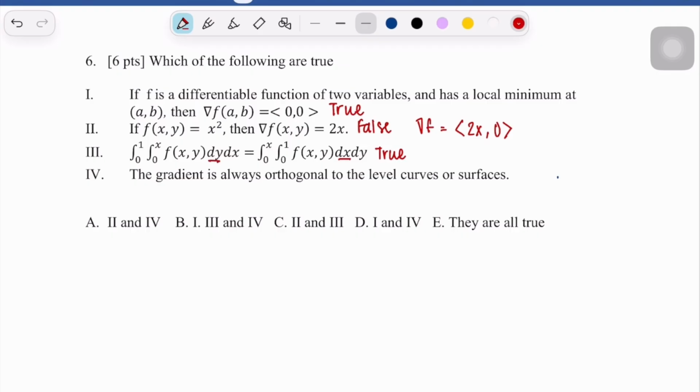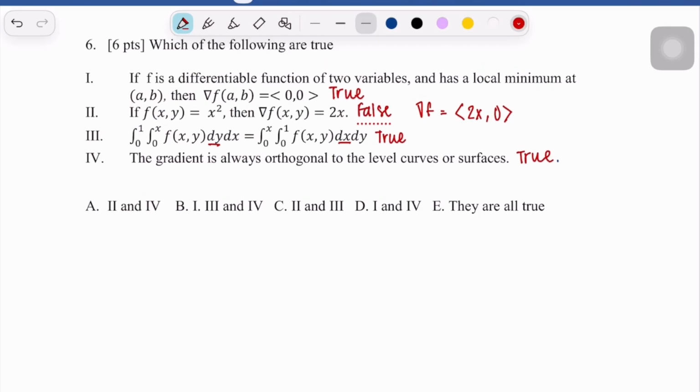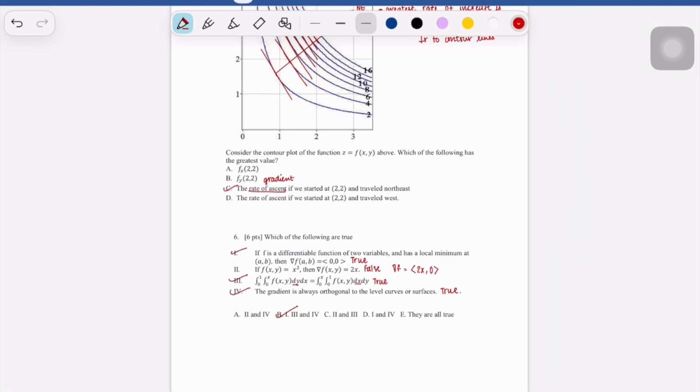So this is true. The gradient is always orthogonal to the level curves or surfaces. This is also true, and we just saw this in part 4 right here. So we have 1 true, 3 true, and 4 true, and that's going to be option B right here.